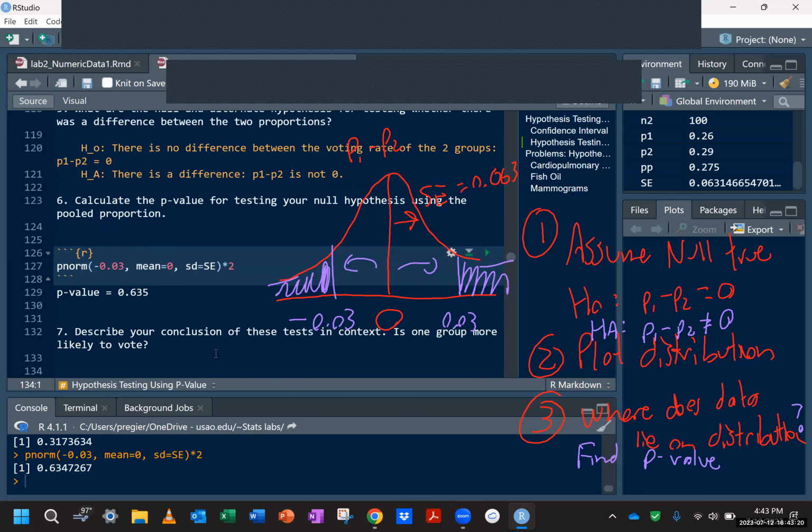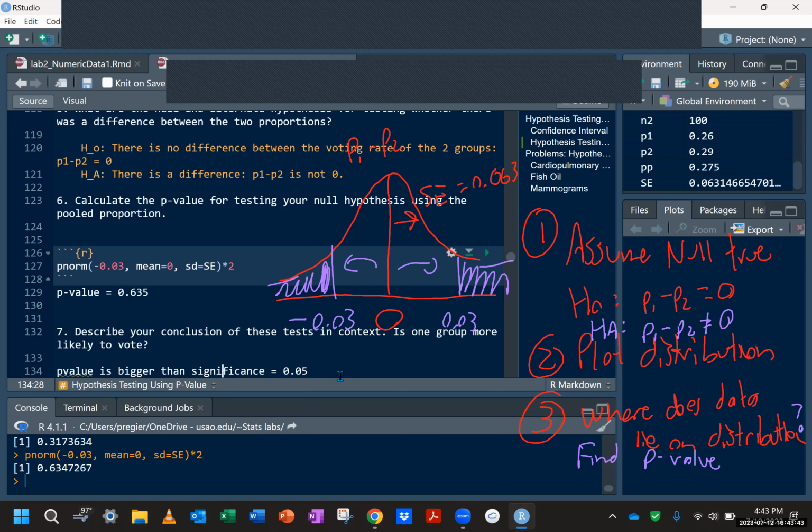Since the p-value is bigger than significance, we want to compare that p-value with a significance, which I think we use 95%, so our significance is 5%.